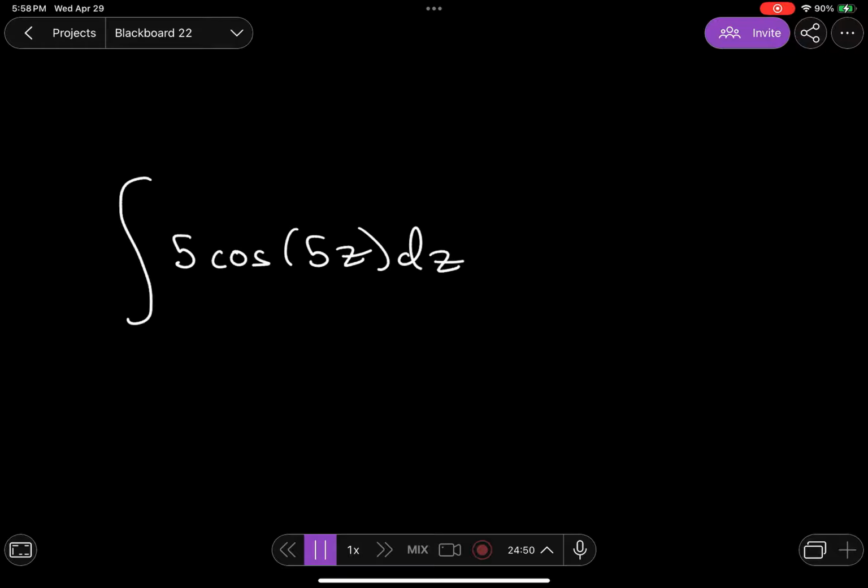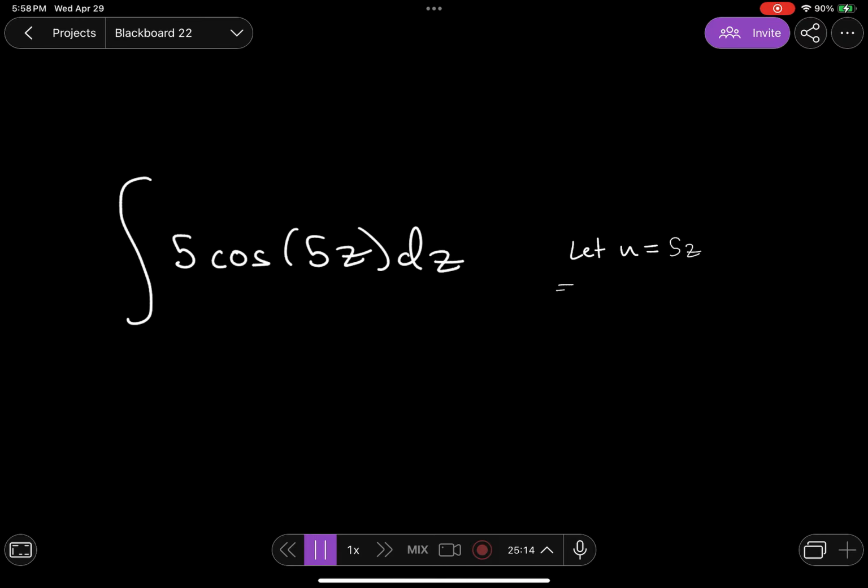So let's try that. I'm going to say let u, and by the way, there's nothing special about u. You can use whatever you want for this variable. You can use star, you can use smiley face, you can even use x in this case, though we're integrating with respect to z. That would be a little bit horrendous, but you could definitely do that. So I'm going to let u equal 5z.